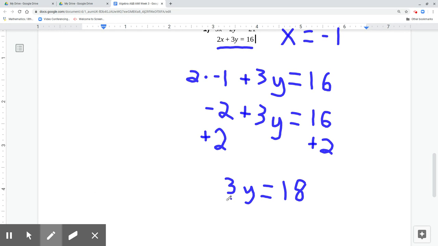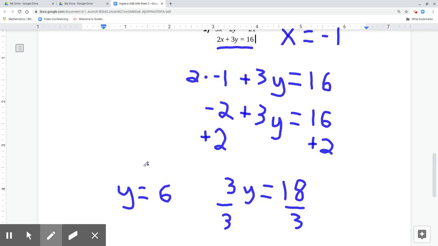Hopefully you guys came up with division. We will divide both sides by 3. Which will give us our final answer of y is equal to 6.